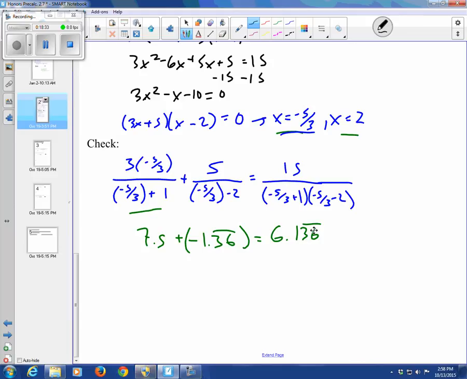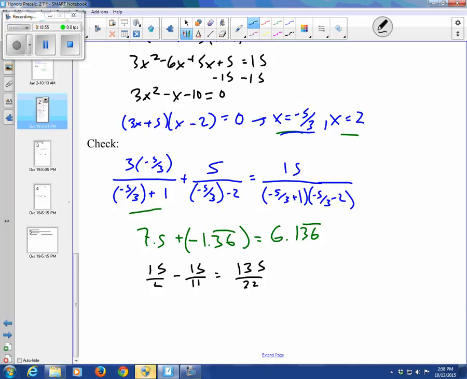fractions. And when we do that, we get 15 over 2, and then minus, let's say, 15 over 11, and then equals 135 over 22.